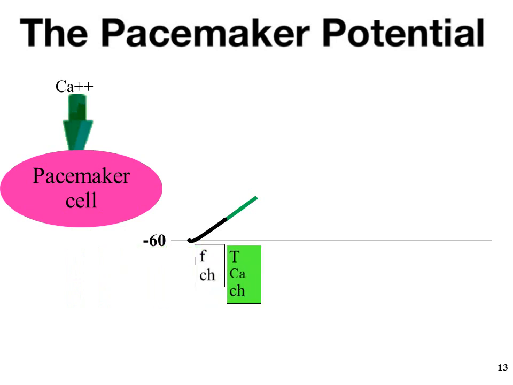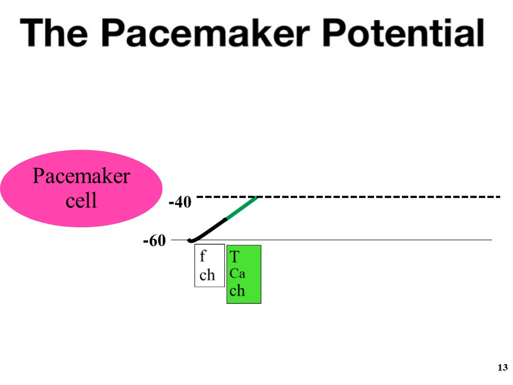So the first part of the prepotential is the job of F channels, while the second part is the job of the transient calcium channels. -40 is the firing level or threshold of the pacemaker cells. What is the meaning of the firing level or threshold? When the potential reaches this point, there will be an action potential.